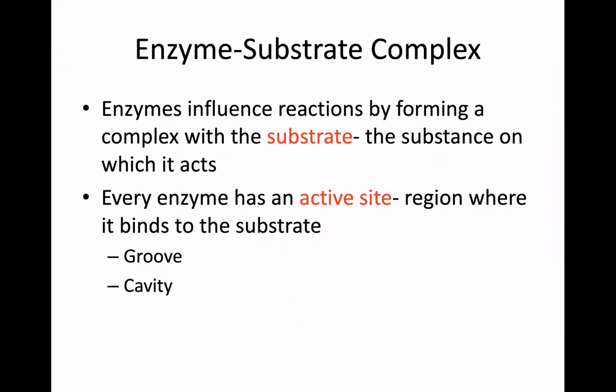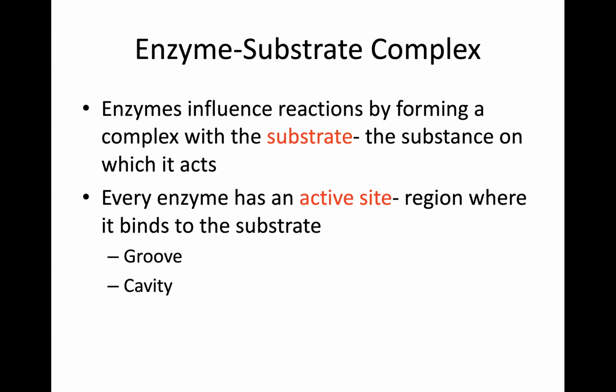So how do enzymes function? Enzymes require a substrate, right? And we create something that we refer to as an enzyme substrate complex. So enzymes influence reactions by forming a complex with a substrate. The substrate is the substance on which it is acting, right?